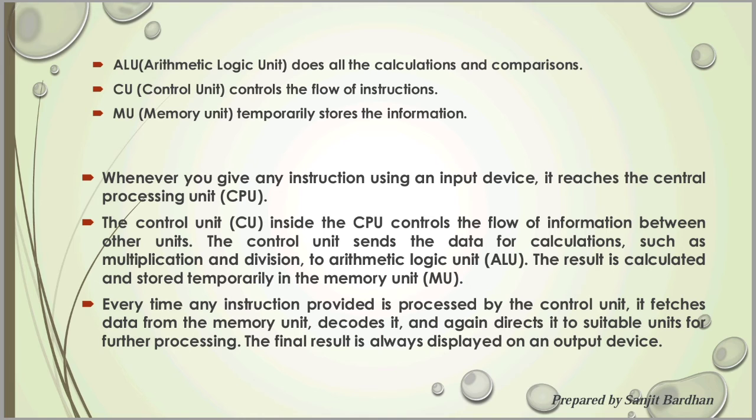Then the result is calculated and stored temporarily in the memory unit. This entire process is called processing, data processing. Every time any instruction is provided, it is processed by the control unit.